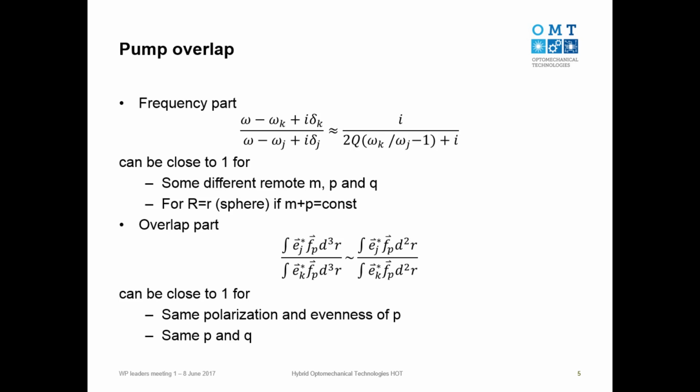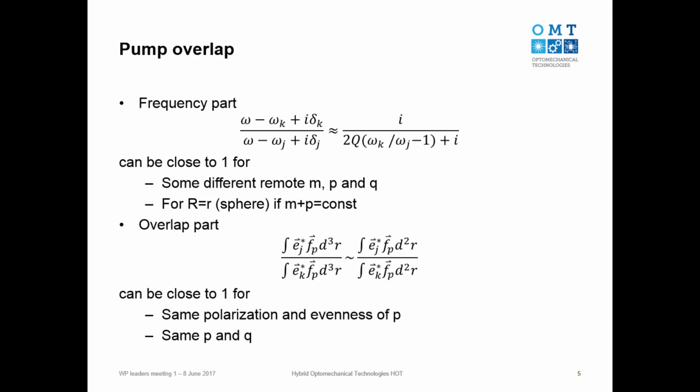In the particular case of the sphere, this relation is the following. So if we fix the frequency, it will be practically the same if m plus p is constant while we sweep through those modes.